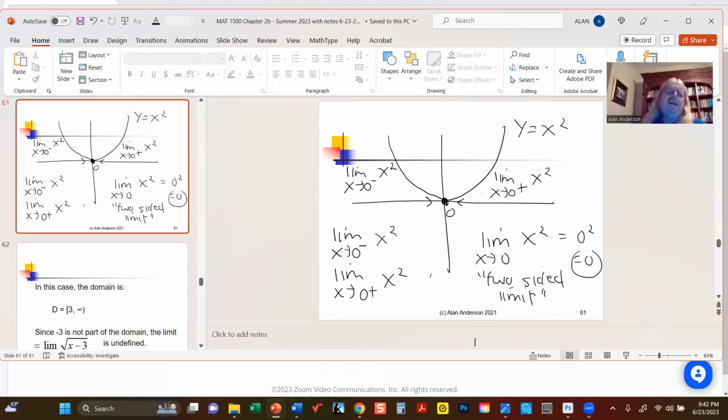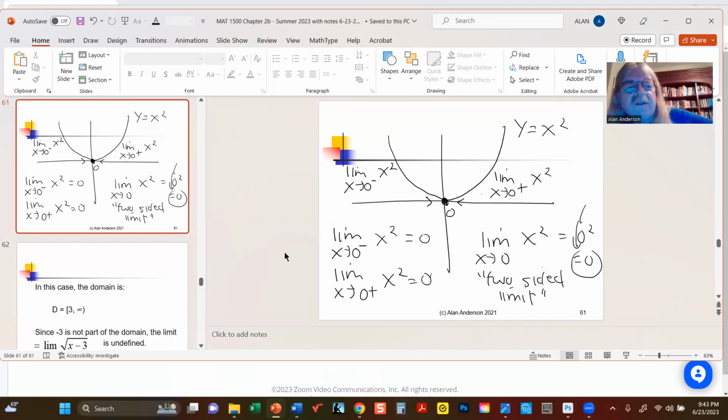Now, I think we mentioned yesterday too that the two-sided limit only exists if these two equal each other. Okay, now, of course, they both equal 0, which means that the two-sided limit also equals 0. But if they're different from each other, then the two-sided limit does not exist. Right. So in other words, one of the conditions for a limit to exist is that the left and the right-hand sided limits have to equal each other.